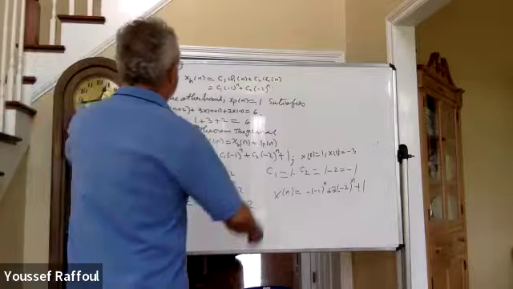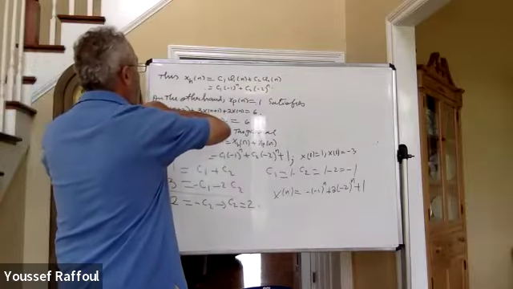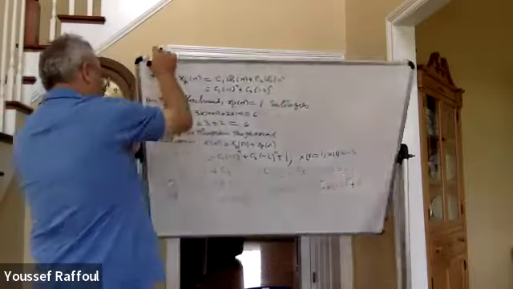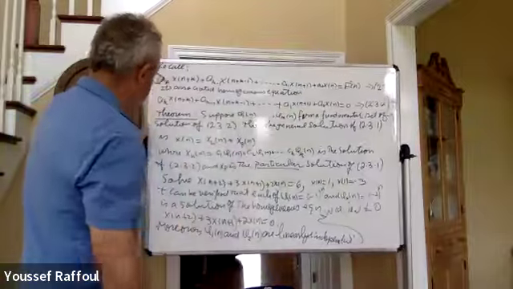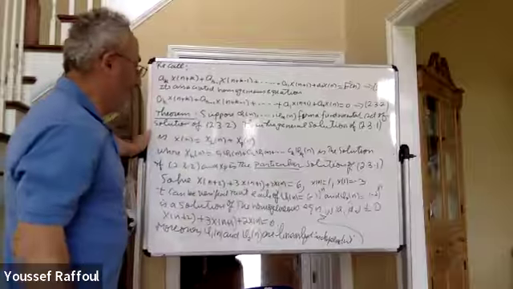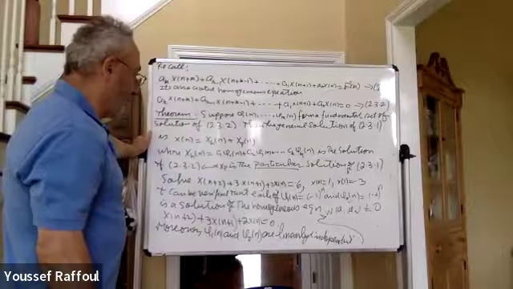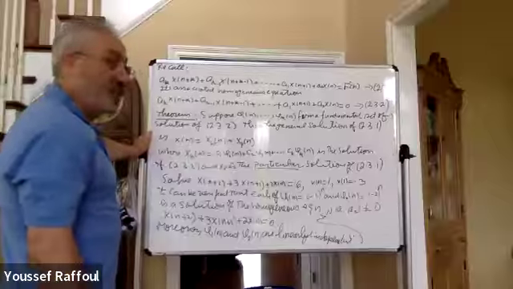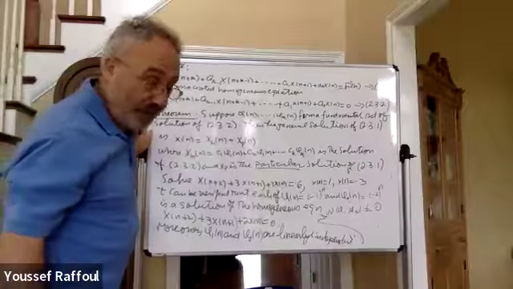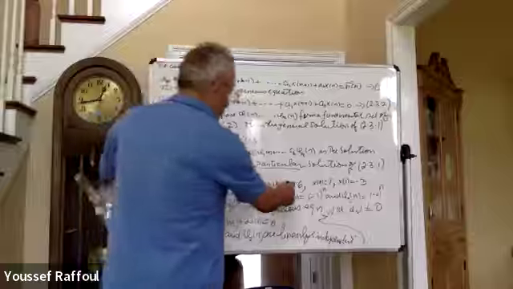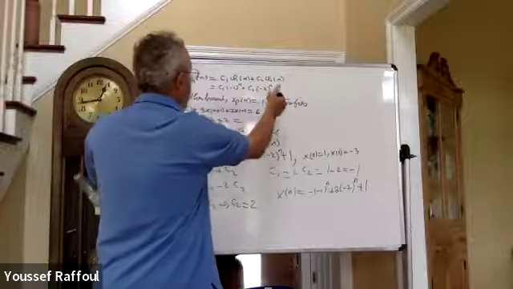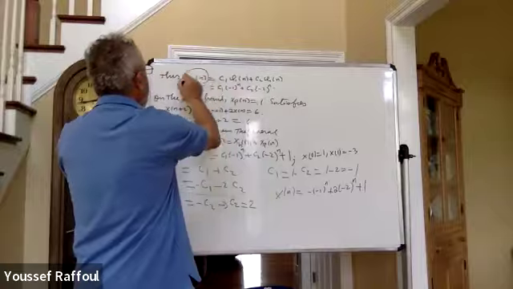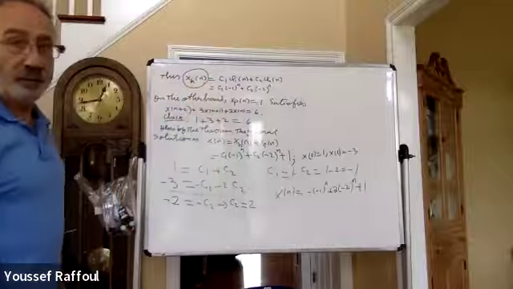I want you to understand that a lot of students commit the following unforgettable sin, may I say mistake, which is they try to apply the initial condition to this, but this is only the homogeneous solution.